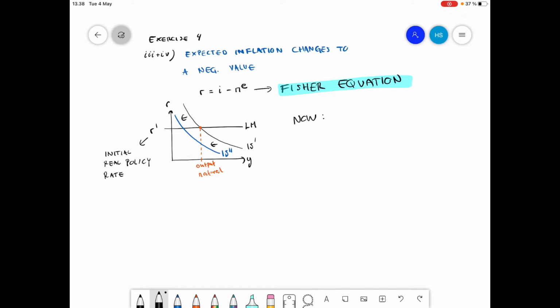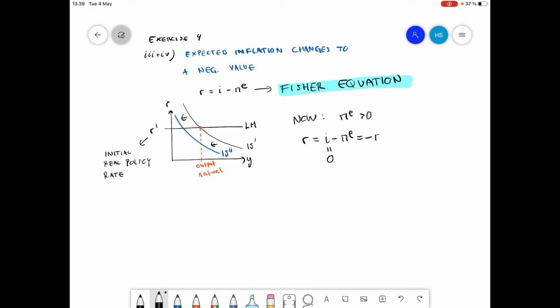So until now, the expected rate of inflation has been positive. So what does this imply for the real policy rate? Well, in order to calculate the real policy rate, we have to recall the Fisher equation, which says that the real policy rate is equal to the nominal interest rate minus the expected rate of inflation. Since the economy is operating at the zero lower bound, we know that the nominal interest rate is equal to zero.